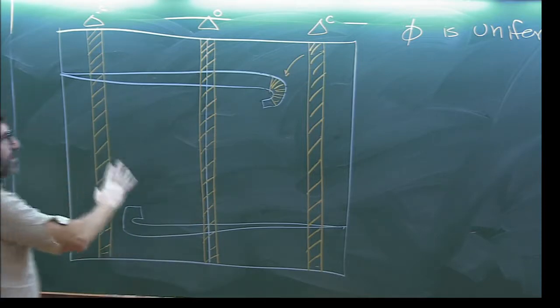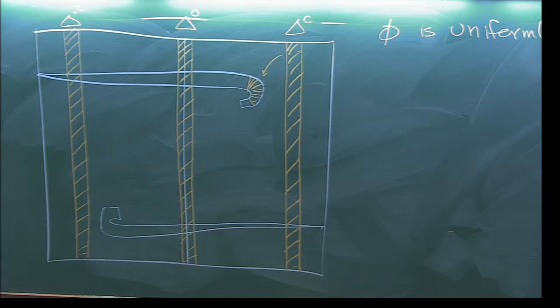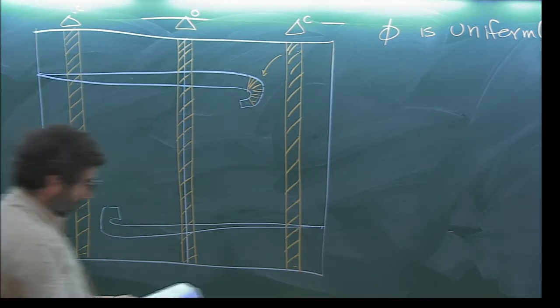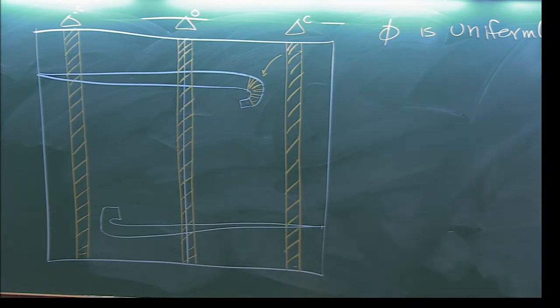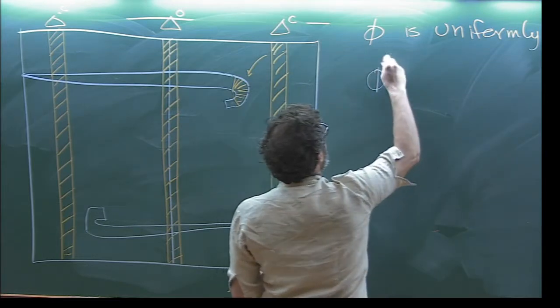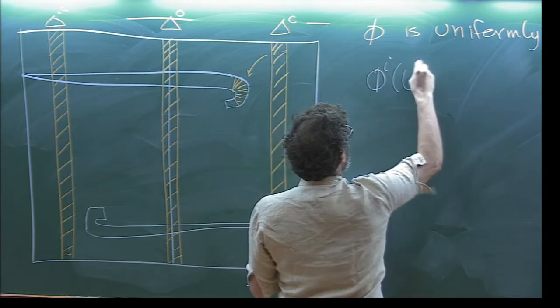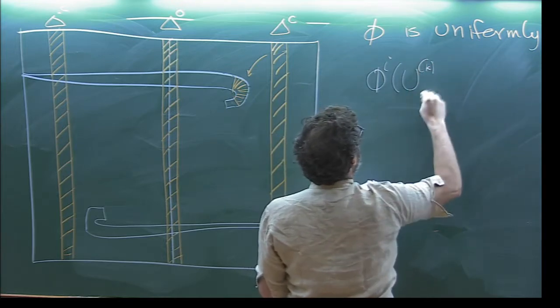So as long as you stay outside delta C, everything is nicely uniformly hyperbolic. Okay, and we will. So suppose we have a hyperbolic branch and its images stay outside delta C.